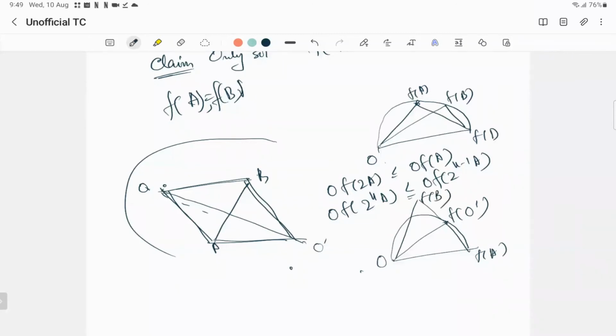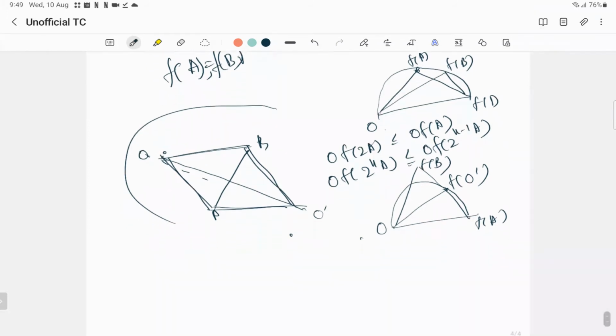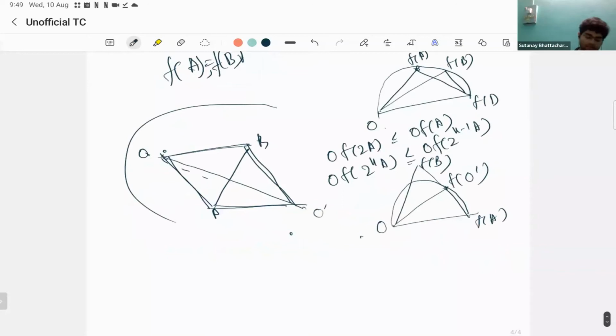So if you pick a random point O dash, then the perpendicular bisector of O O dash gets mapped to a line, like something on a line. That is true. Well, we can say that for any random line, right? Exactly.